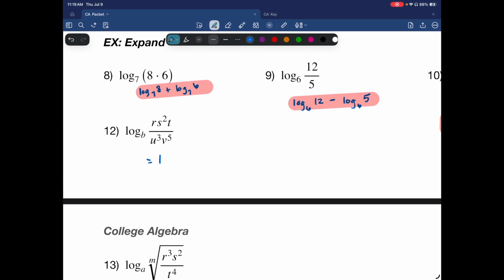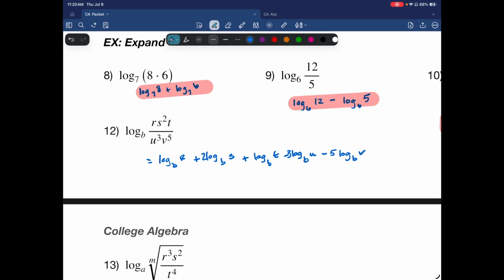We have log base B of R plus log base B of S, and we know we're going to have to bring that 2 out front, so that should be 2 log base B of S plus log base B of T minus log base B of U, it should be 3 out front, and then minus 5 log base B of V.